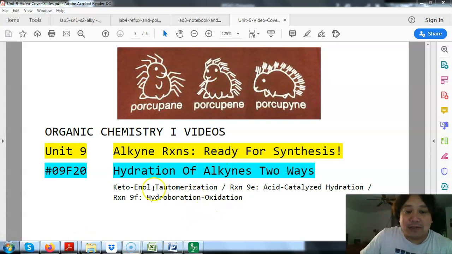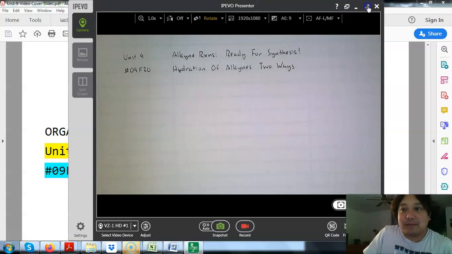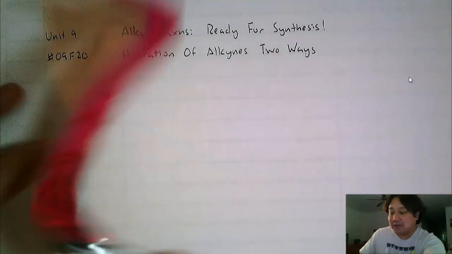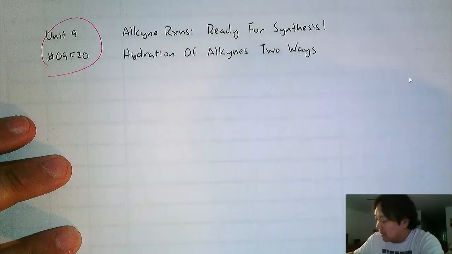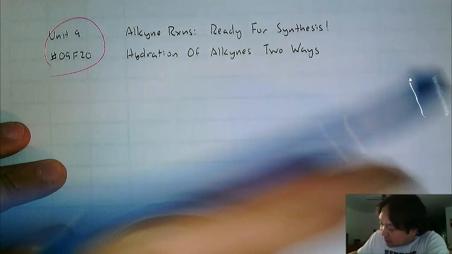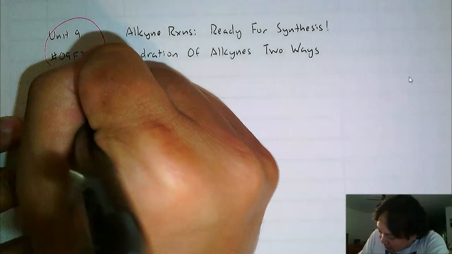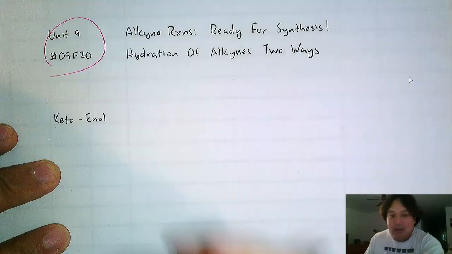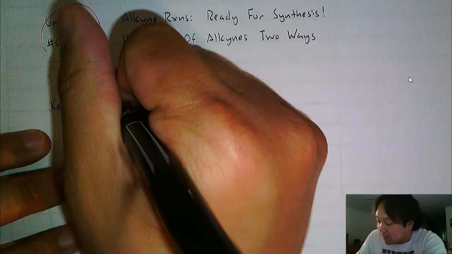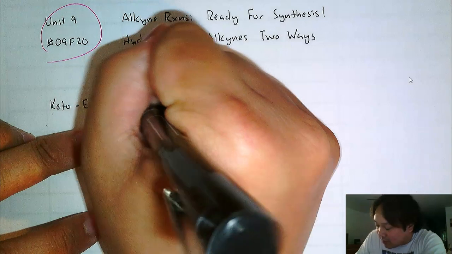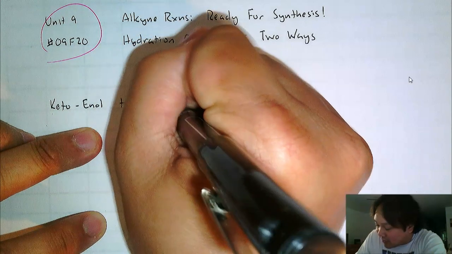But let's talk about keto-enol tautomerization first, because that's going to be relevant to our hydrations. Keto-enol, it's a type of isomerization, but it has a special name, tautomerization.